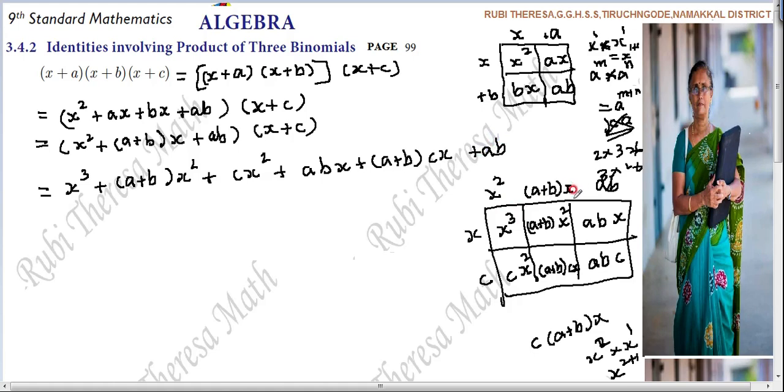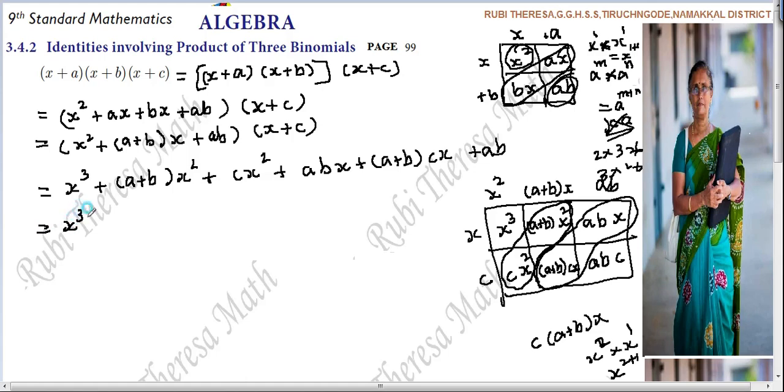How you can write? Diagonally. Then you will get the like terms. Understand? Diagonally. Understand? Here also you see X squared first, then AX, BX, then AB. Understand? Here, next one.